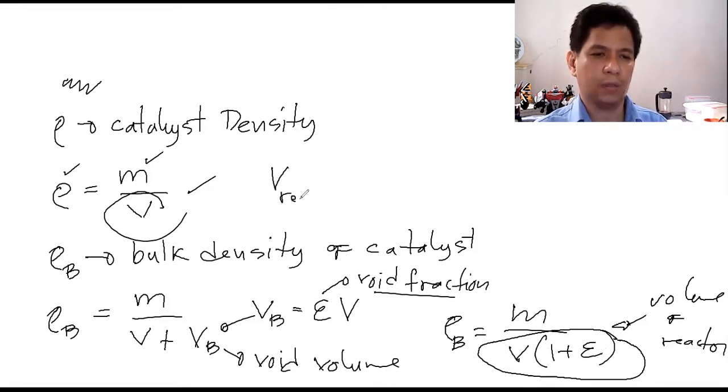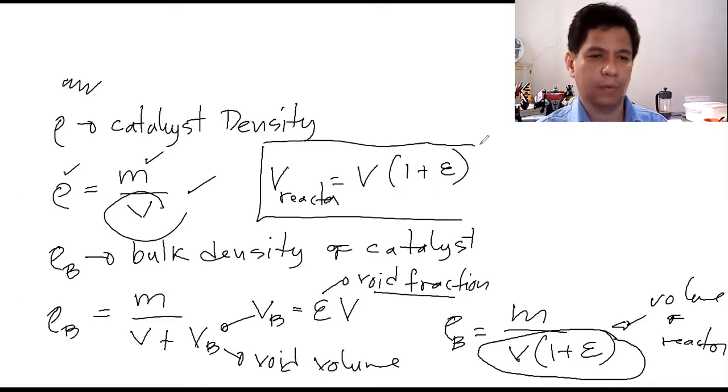The volume of the reactor is basically equal to the volume of the catalyst without void spaces times 1 plus the void fraction. Okay? So I hope you can use this derivation in solving the next exercise.